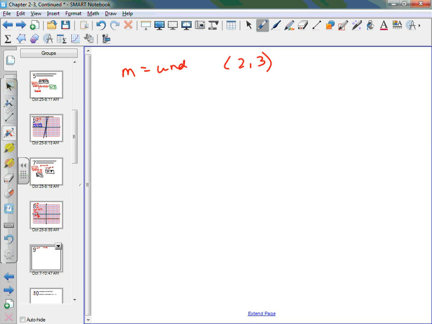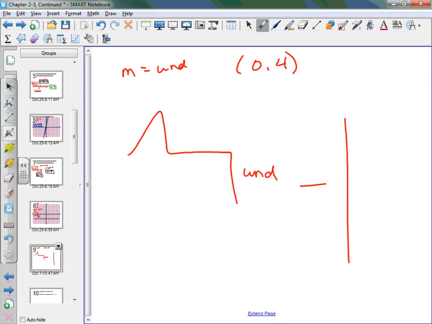Okay? I could have this 0, 4. So if my slope is undefined, that means I'm a vertical line, but where am I a vertical line at?